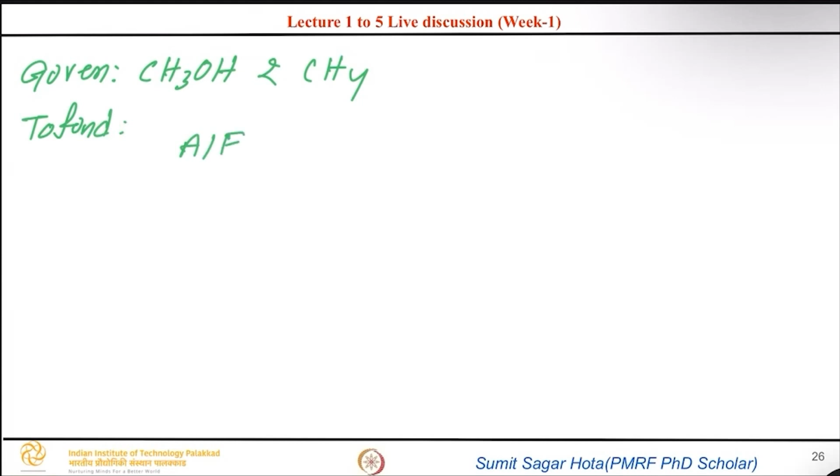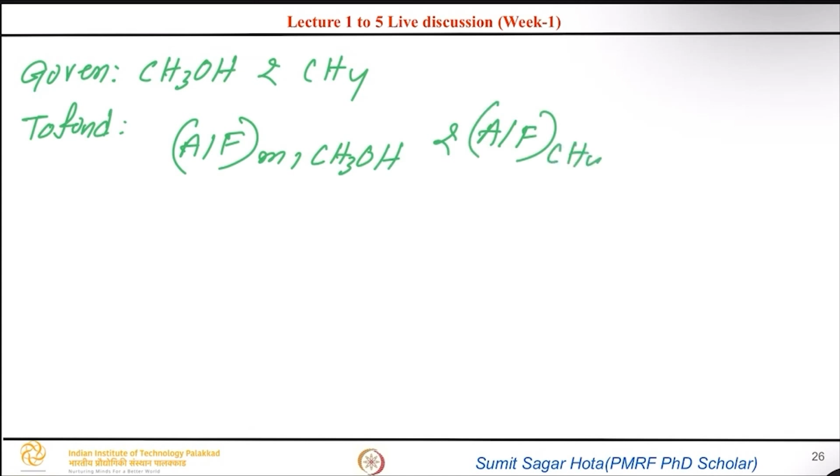We need the air fuel ratio on a mass basis of CH3OH and the air fuel ratio of CH4. What is this called? This is called methanol. And this is methane.